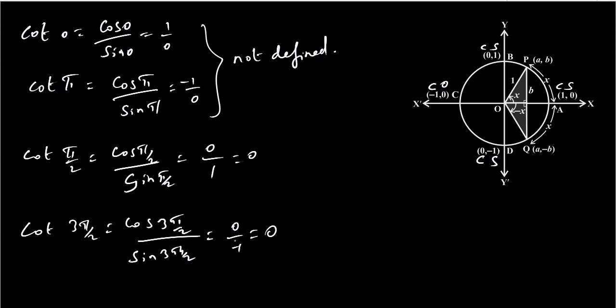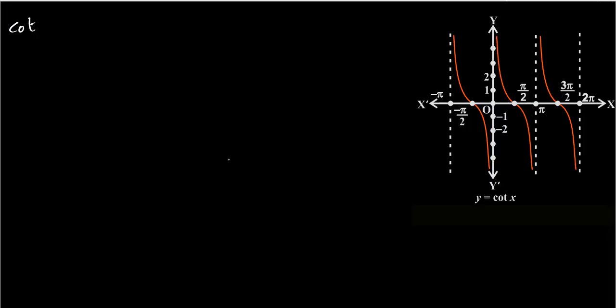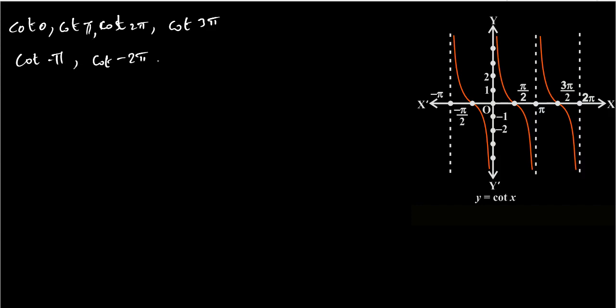If we take the graph of the cot function, cot 0, cot pi, cot 2 pi, cot 3 pi, and on the negative side cot of minus pi, cot of minus 2 pi, likewise cot n pi are not defined.